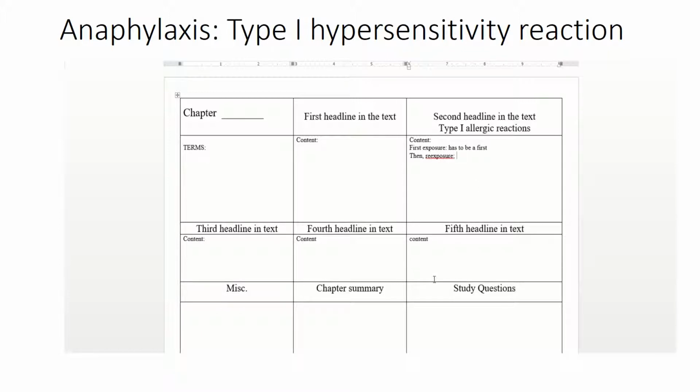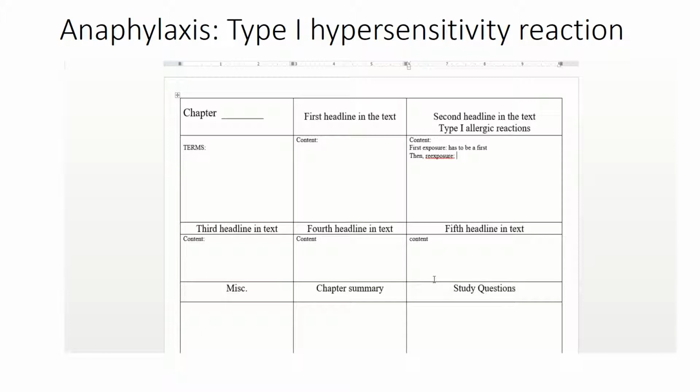At this point, those allergens attached to the IgE antibodies and caused this huge flood of chemical mediators like histamine inside the mast cells, and it went into the general circulation very, very quickly. These mediators caused vasodilation, increased capillary permeability, and as a result, there was severe decrease in blood pressure and bronchial obstruction of airflow.